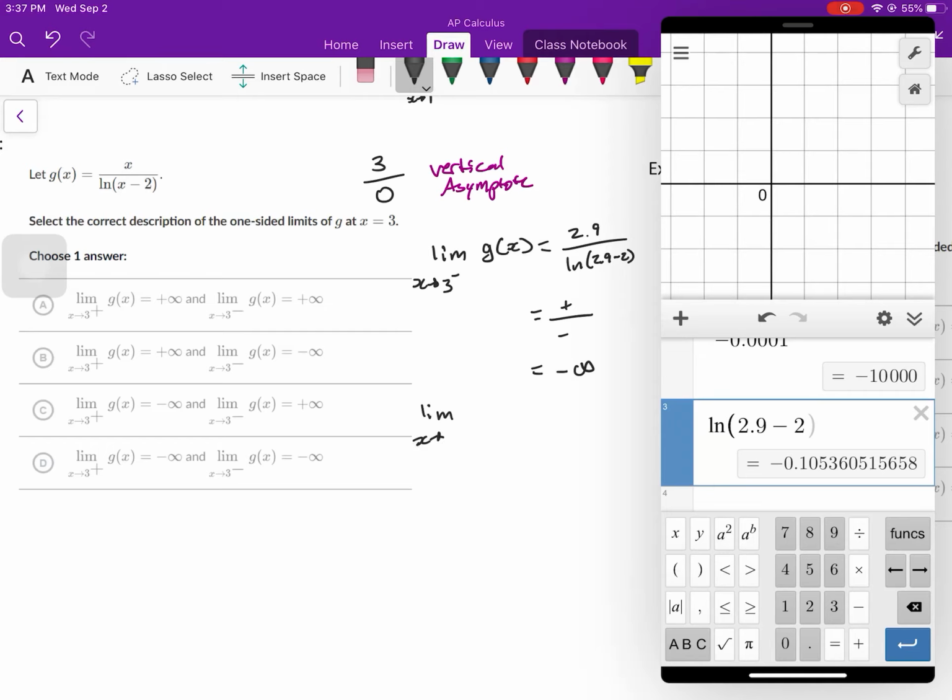Same idea, limit as x approaches 3 from the right. So I'd plug in a 3.1. And 3.1 is positive. Over on the bottom, let me just change this to a 3.1.